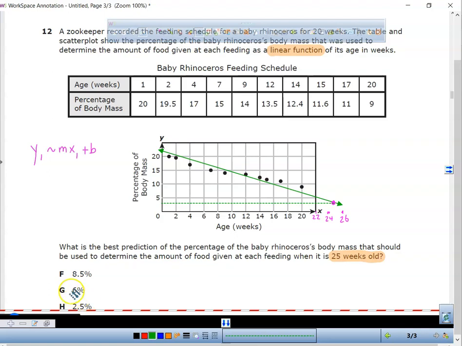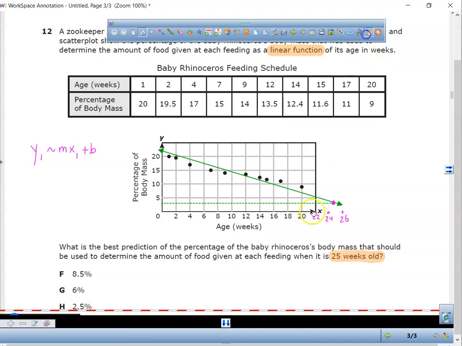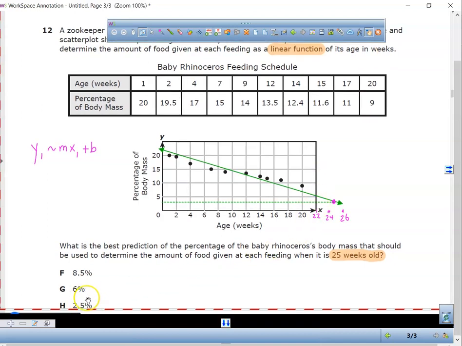F and G. I don't think it's going to be F or G. All right. And what is J? 10. All right. So I'm thinking it's probably going to be H, but we're just going to go type the numbers in and see if I drew a good line of best fit or if I didn't.